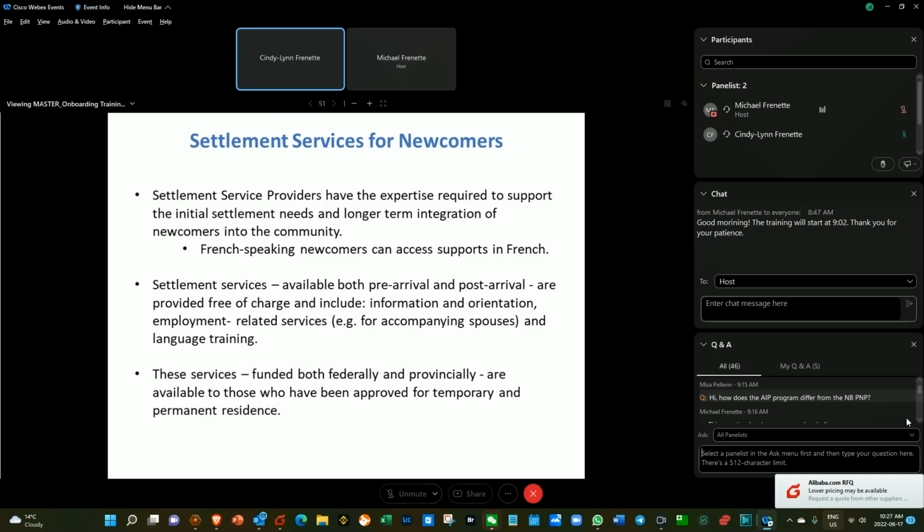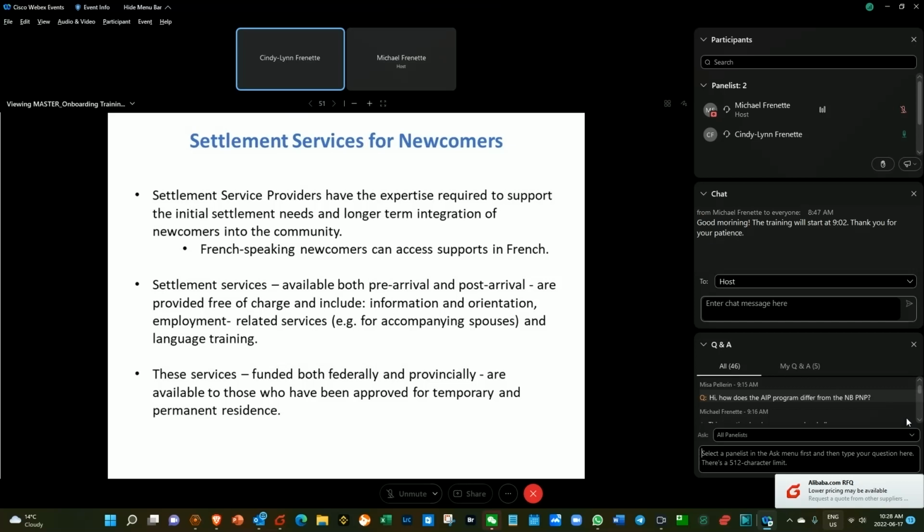For IRCC-funded settlement services, once the newcomers are permanent residents, they can seek services from any service provider. At that point, it is no longer necessary to use one of our AIP-approved service providers. You can work with any local organization that provides services to newcomers.